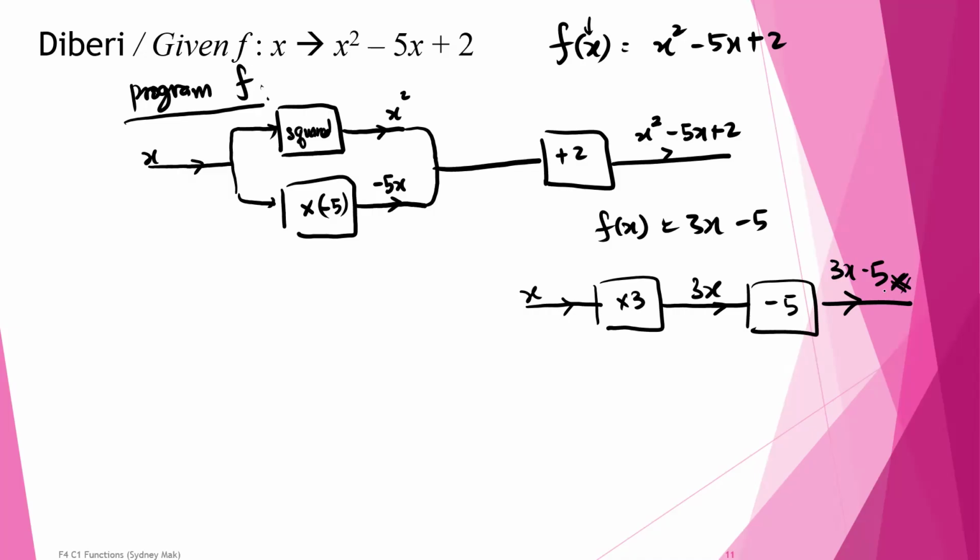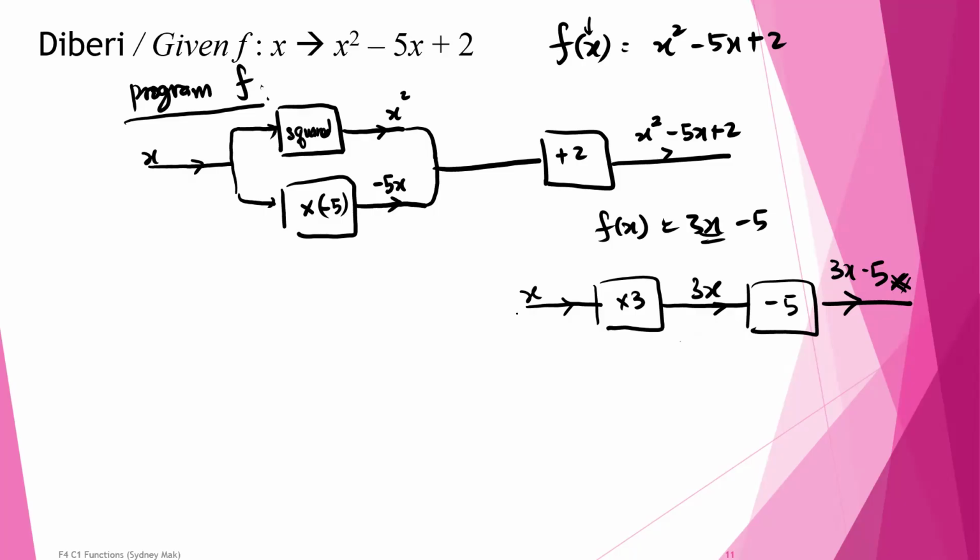Understand? Why times 3 first? The x goes in, you've got to times 3 first. You cannot minus 5 first. After you minus 5, this becomes x minus 5, then the whole thing you times 3, it will be 3 times (x minus 5). So totally different. You have to go through two boxes.